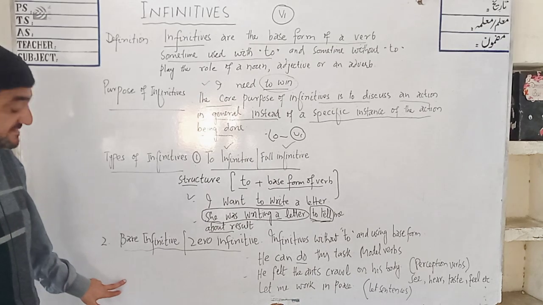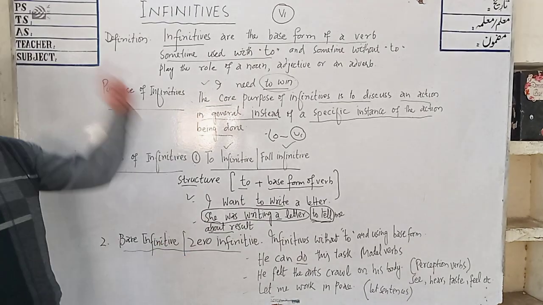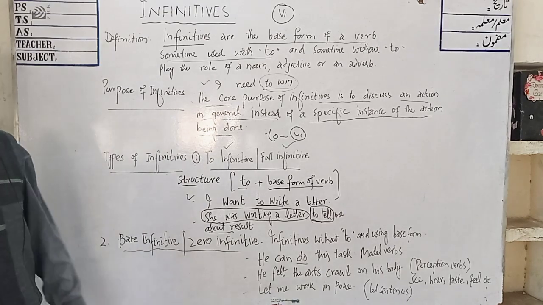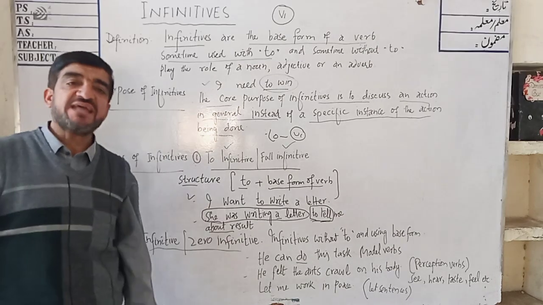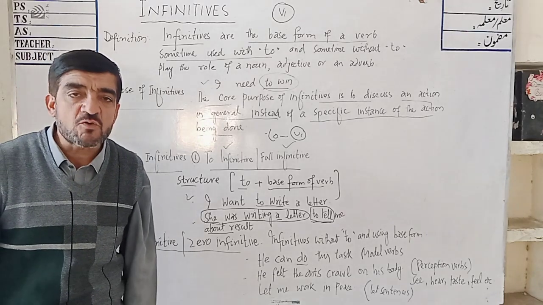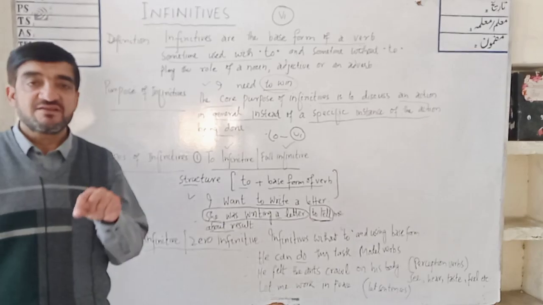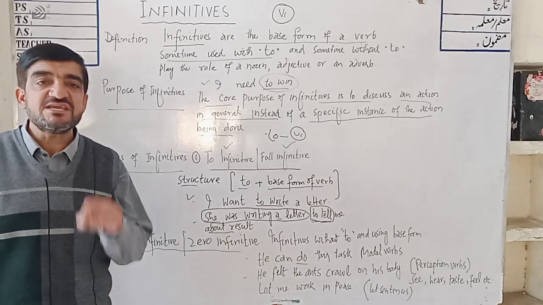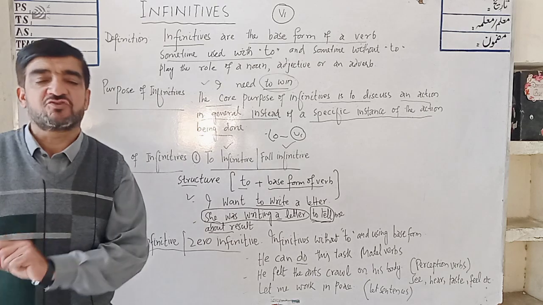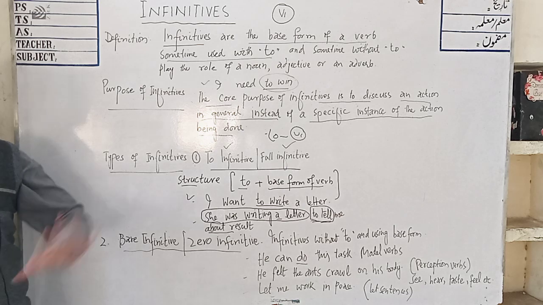Second one is known as bare infinitive or zero infinitive. Bare infinitive or zero infinitive is that type of infinitive which is used without to, but the restriction is that there is always used base form of the verb, whatever the tense may be.